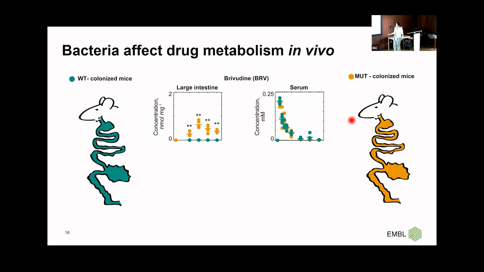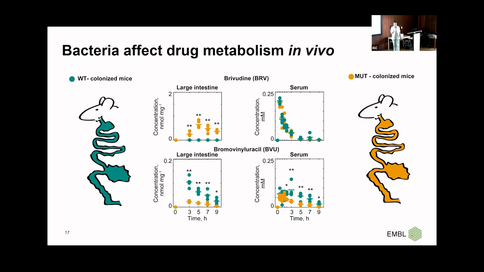And as you can see here, although in the serum the drug kinetic profile hardly differs between the two mouse groups, we see large differences in the large intestine, where no drug is detected in the wild type colonized mice, and a lot of drug is detected in the mutant colonized mice.